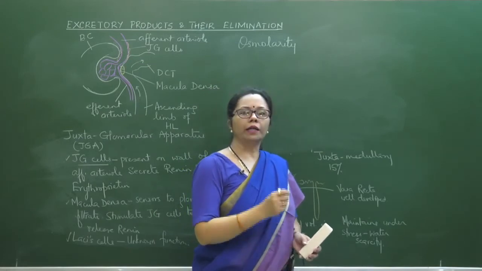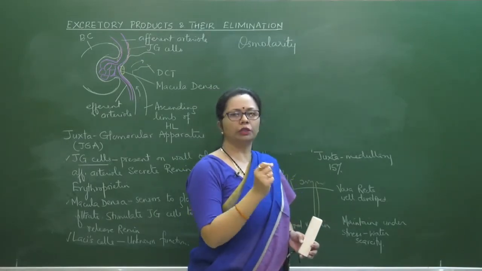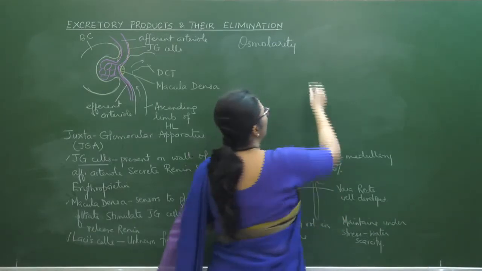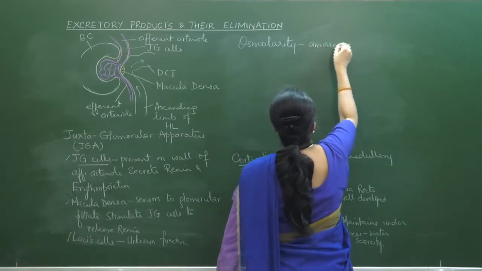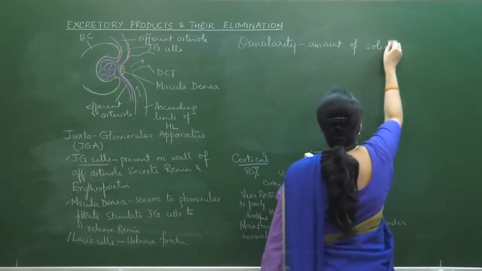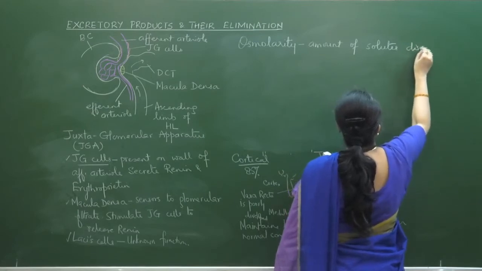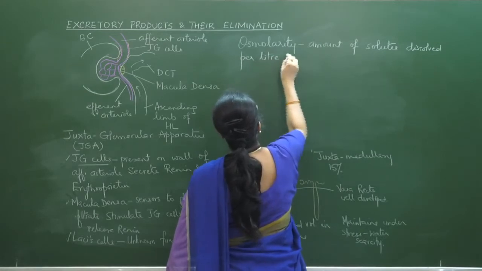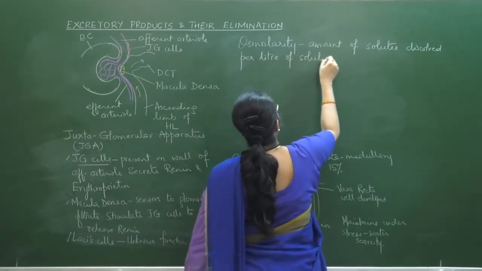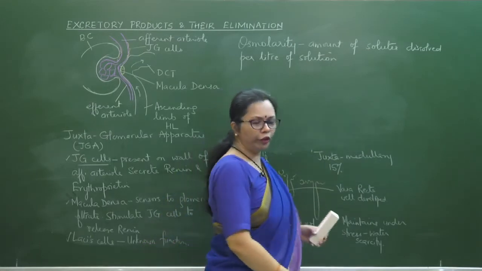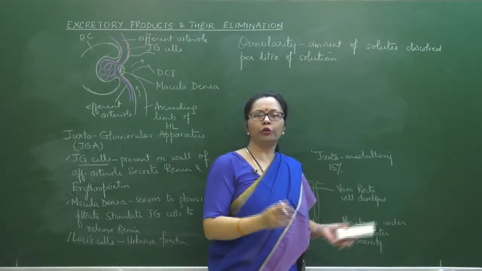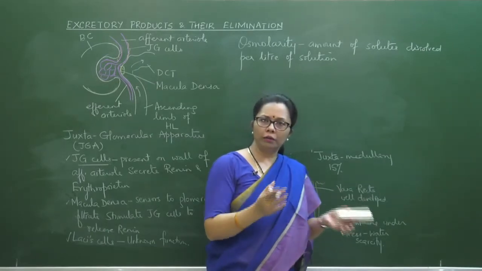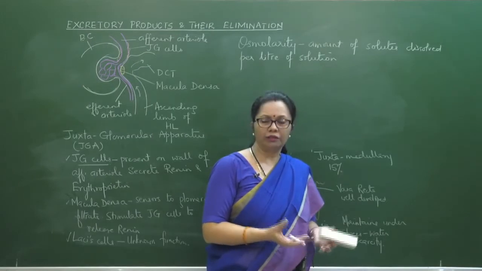That is, in simple words, the amount of solutes dissolved per liter of solution. And since our body fluid is a very dilute solution, in the blood 90 to 92% is water, and the electrolytes, the ions, are hardly 0.9%.